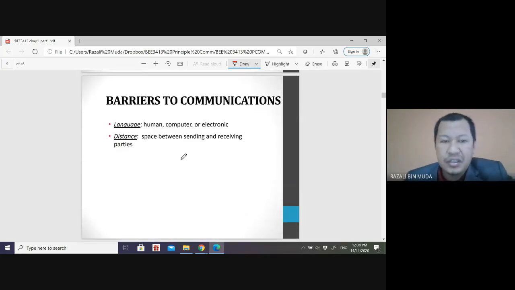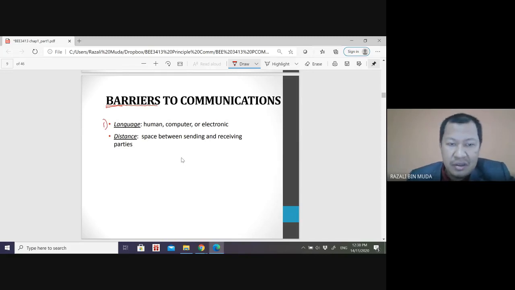Barriers to communication. There are a few barriers. These are the two most common barriers, or challenges, to communication. First is the language.